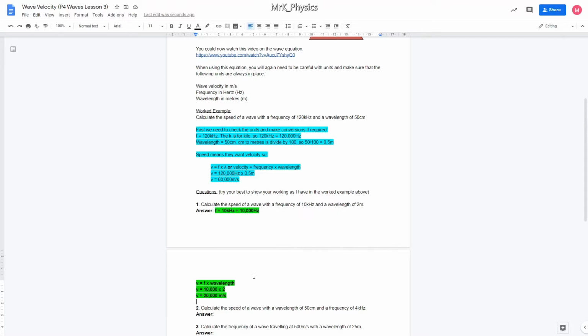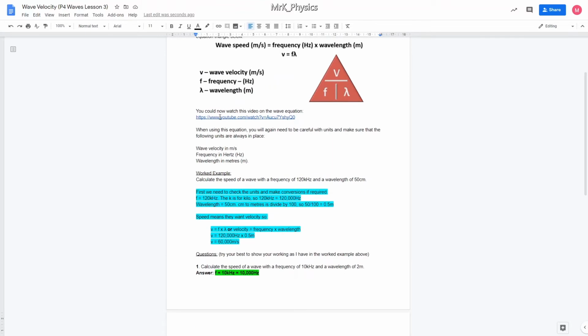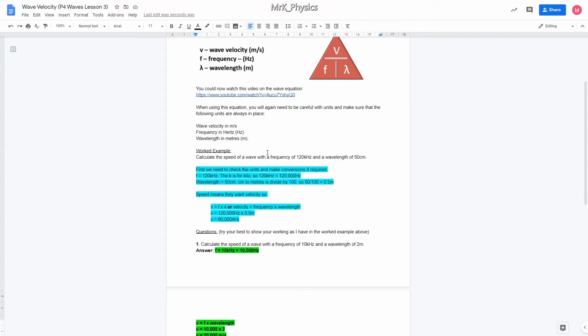Remember, obviously you can check your video, you can pause this, rewind it, however you want to. Question 2: Calculate the speed of a wave with a wavelength 50 centimeters and a frequency of 4 kilohertz. So we think back to our units. Well, we're looking for wave velocity, so we don't need to worry about units for that for now. Have we got frequency in hertz, and have we got wavelength in meters?